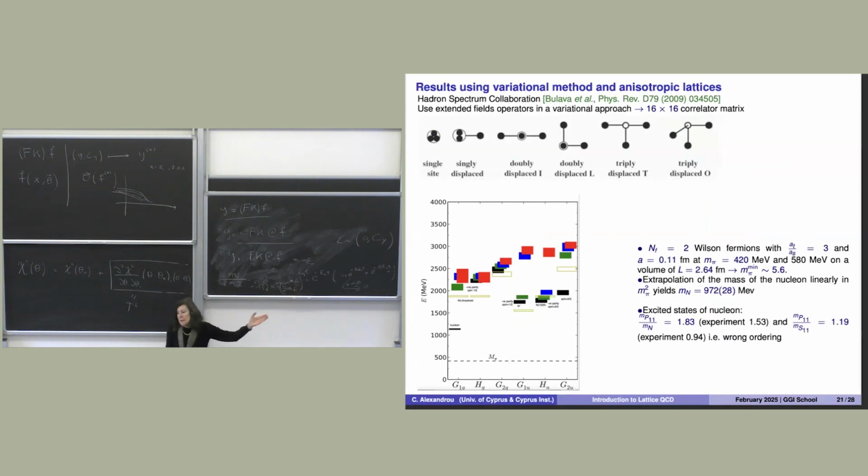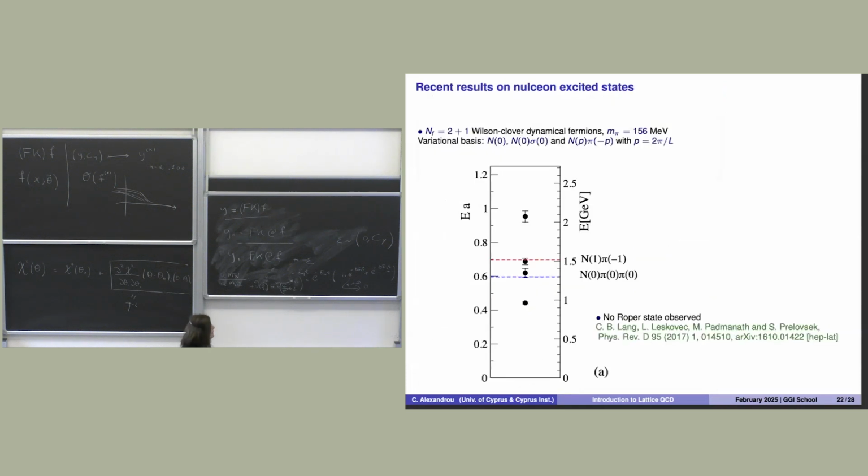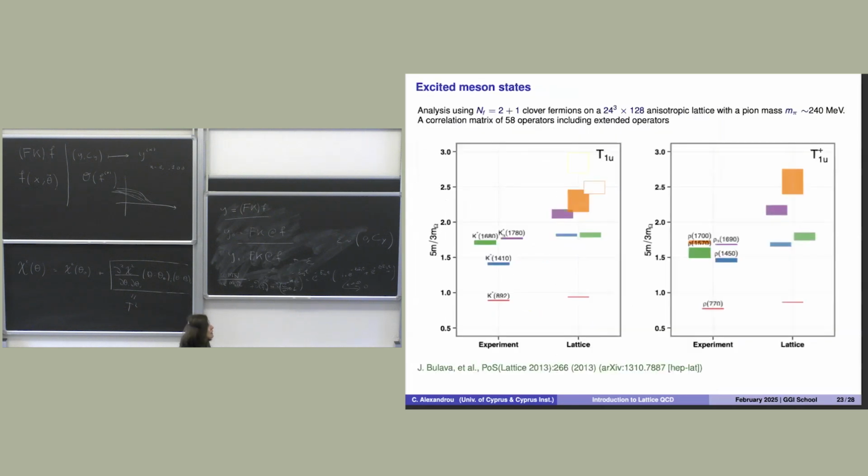It involves mainly JLab people and some that are now elsewhere, to compute excited states. But you see, everything is done at non-physical quark masses because excited states are unstable. Only if you have large pion masses do they become stable. Okay, then I don't comment. So excited states, you see, we do have techniques to compute them.